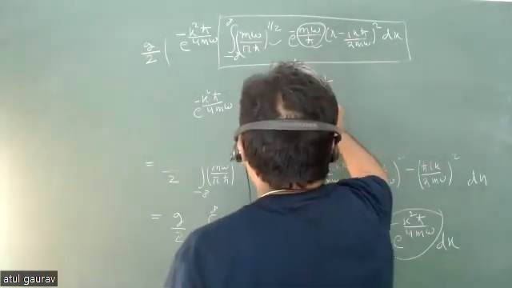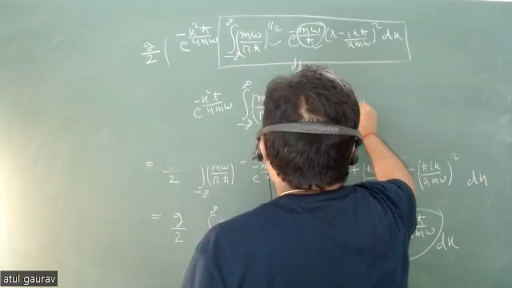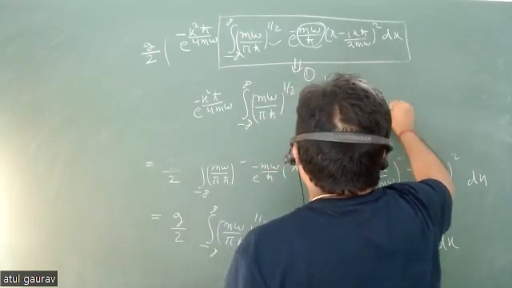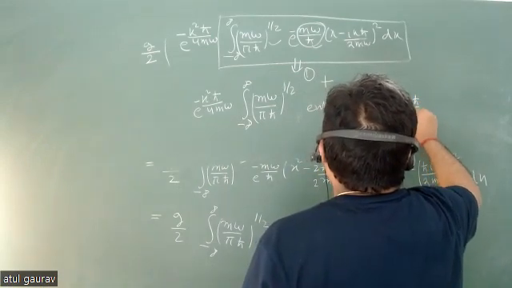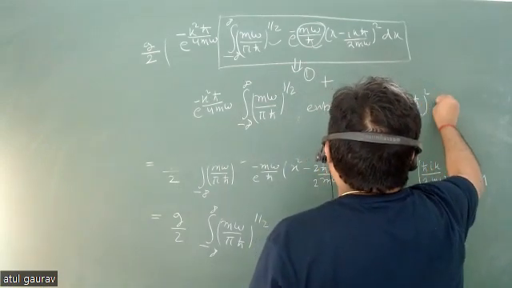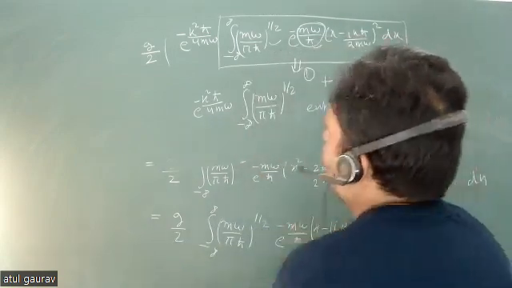So this is exponential minus m omega upon h cut, that is (x plus i k h cut by 2m omega) whole square dx. And this is your second integration.